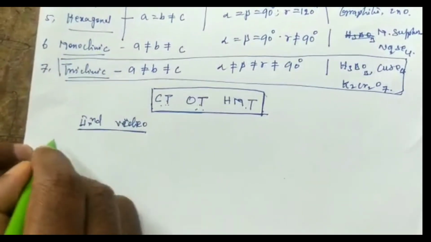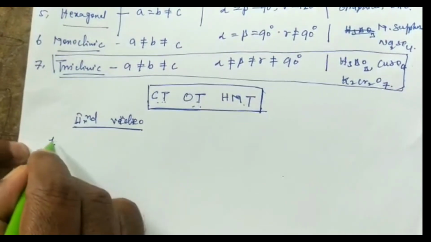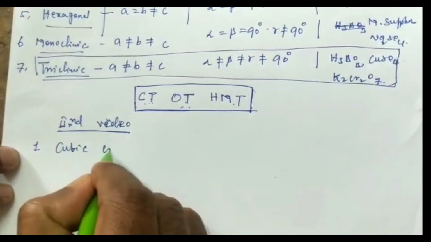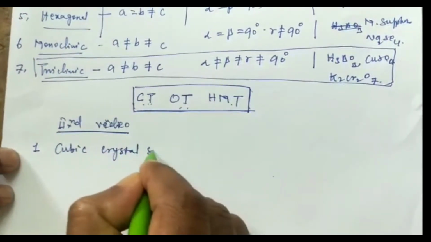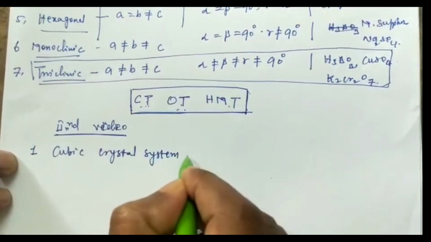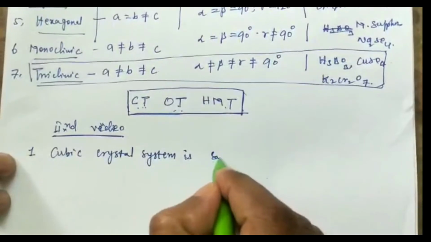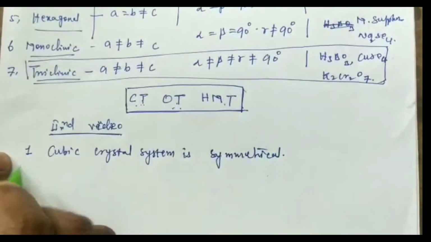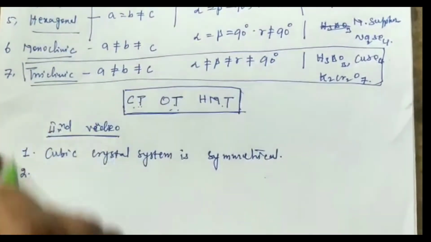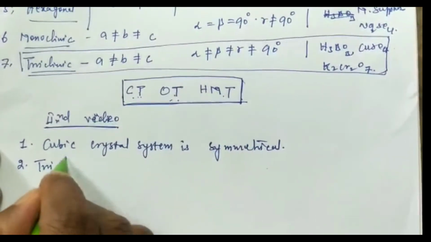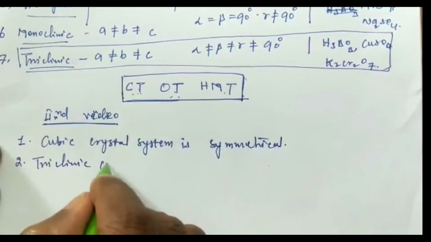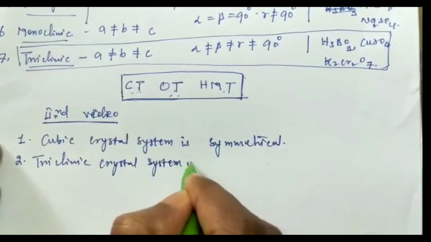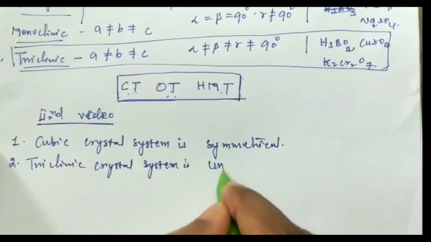First point, the cubic crystal system is symmetrical. Second point, the triclinic system is unsymmetrical.